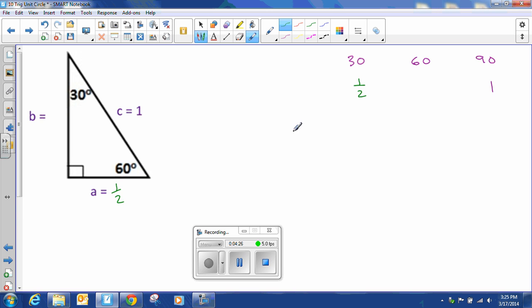And to go from the shorter leg to the longer leg, we multiply by a factor of radical 3. So it's 1/2 times radical 3, or better written, radical 3 over 2. Just like that. Okay, so I'm going to highlight these. These are also very important.